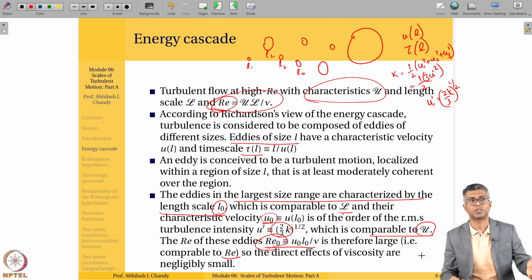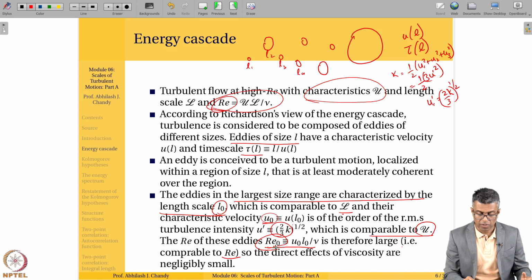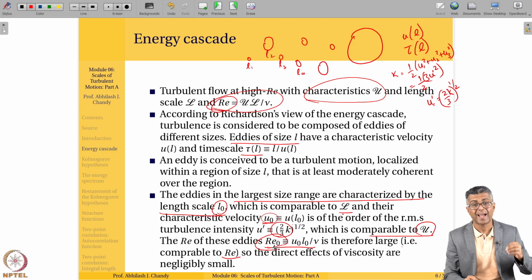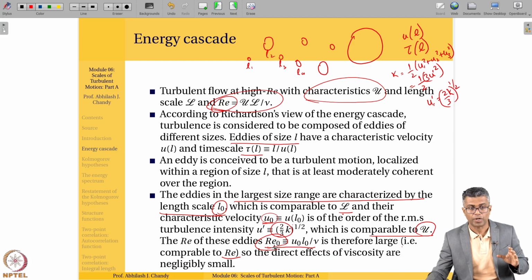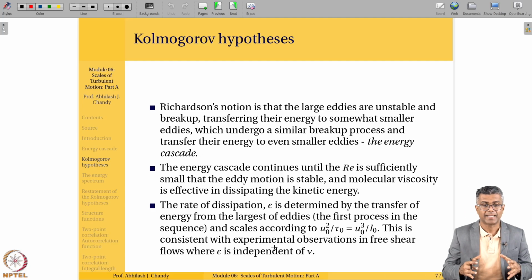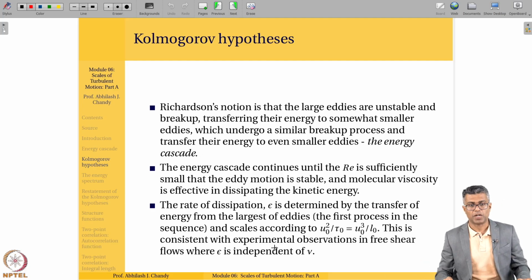Reynolds number is inertia over viscous, so if it is large, viscous effects are negligible at these length scales. So that is your context. Now that takes us to Kolmogorov's hypothesis.